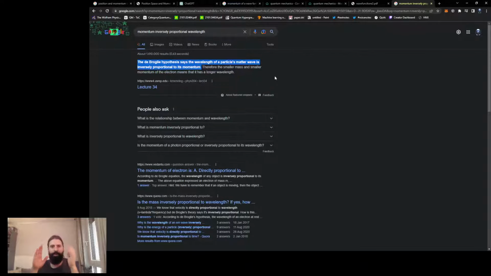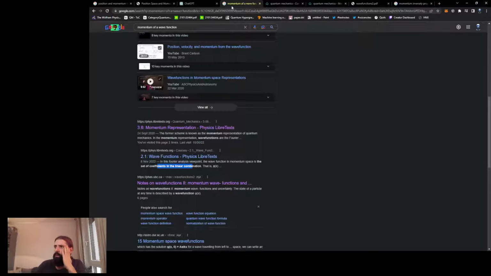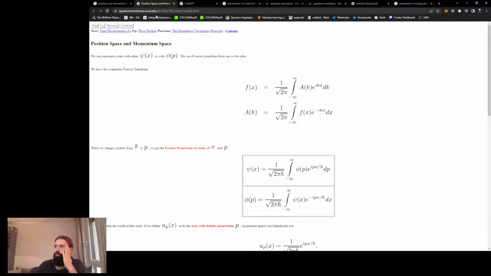So in a way, the more compact the wave is, the more momentum it has. That is the hypothesis. And knowing this makes it a bit easier.